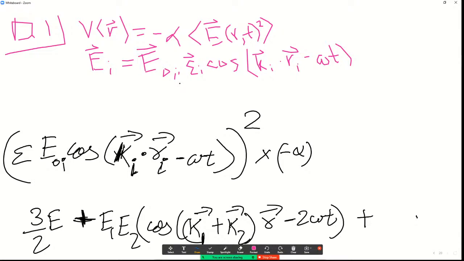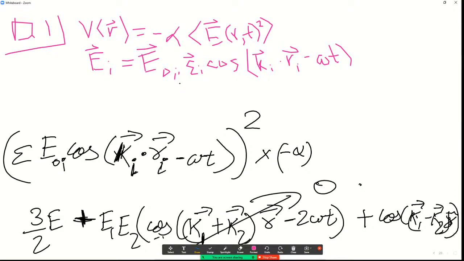plus cos of k1 minus k2 vector times r. Okay, this would average out to be 0 as this is a cos term over the whole period.